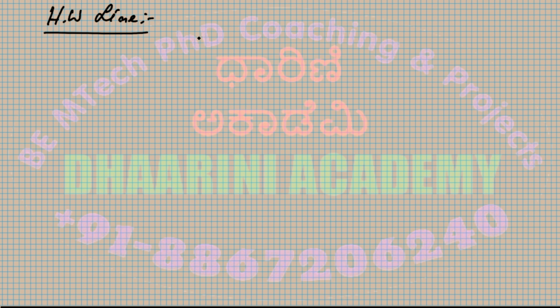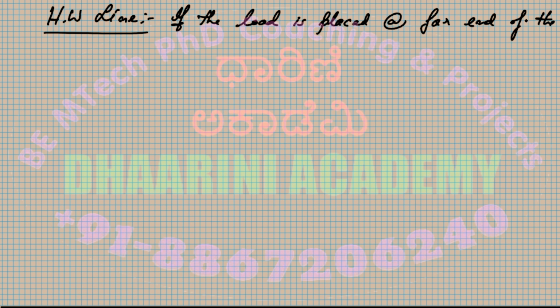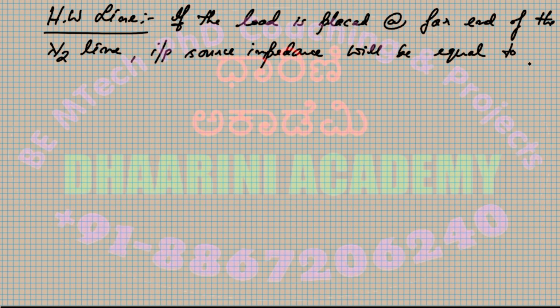So if the load is placed at the far end of the lambda by 2 transmission line, what happens is the input or the source impedance will be equal to the load impedance, by the property of a lambda by 2 line.